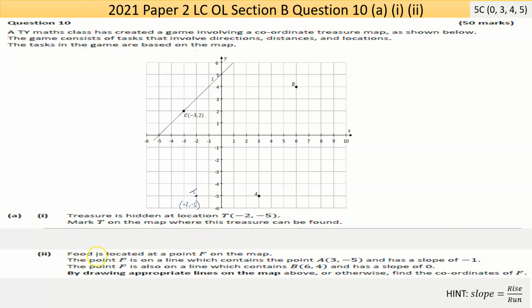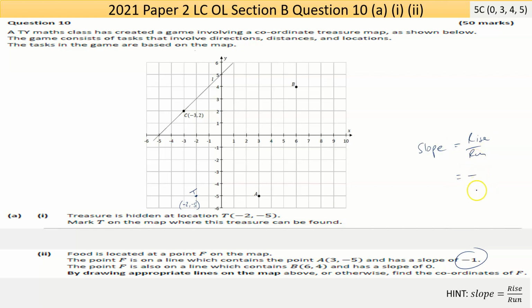Now, part 2 says food is located at a point F on the map. None of these are F. The point F is on a line which contains the point (3, -5). Okay, that's A down here. And has a slope of -1. Now, slope can be expressed as rise over run. So if you have a negative slope, it's going down.